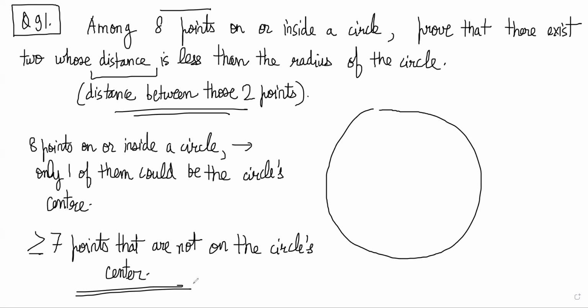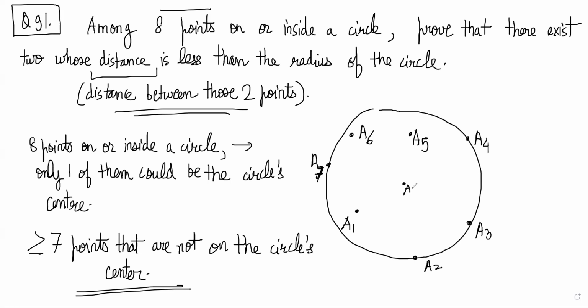So technically, let's imagine 7 points, A1, A2, A3, A4, A5, I'm drawing them randomly, A6 and A7. Let's imagine 7 points on or inside the circle.